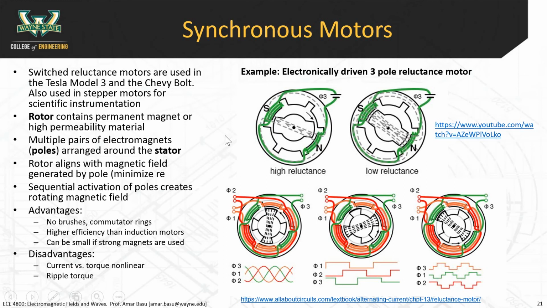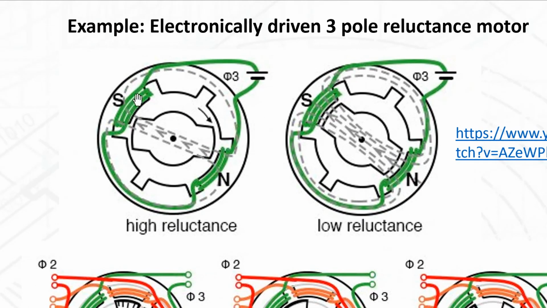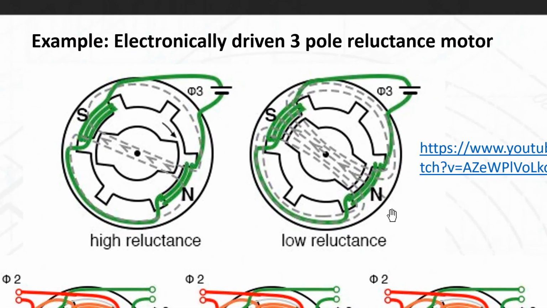Now, the simple way you can think about it is that if you have a permanent magnet on the inside and you have a rotating magnetic field, of course the magnet rotates with the field. But there's also this concept of reluctance. Reluctance, as you can think about, is kind of a magnetic circuit. This creates a magnetic field.